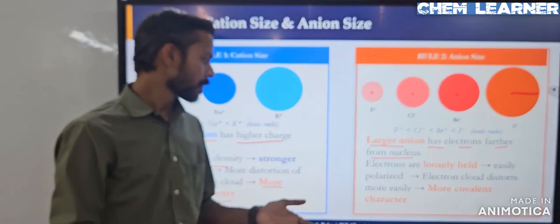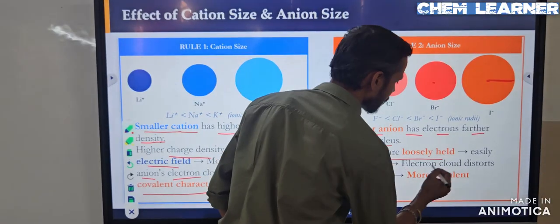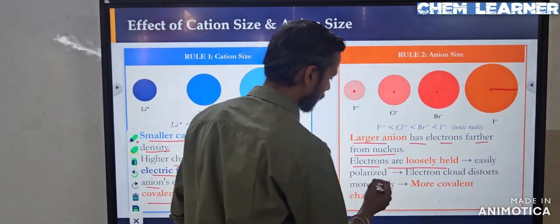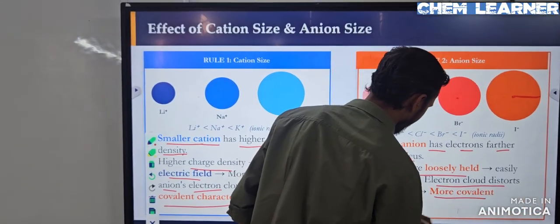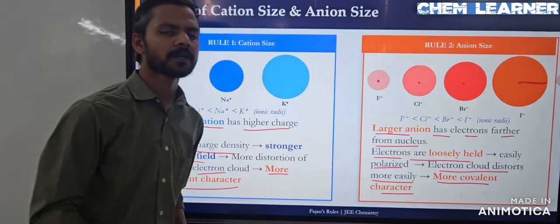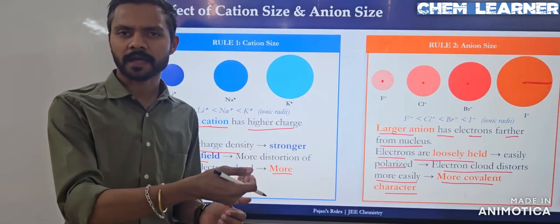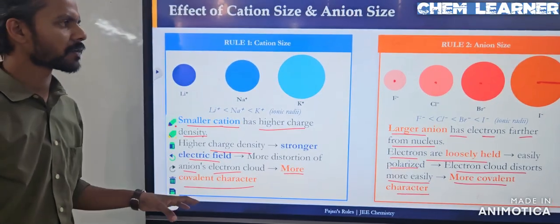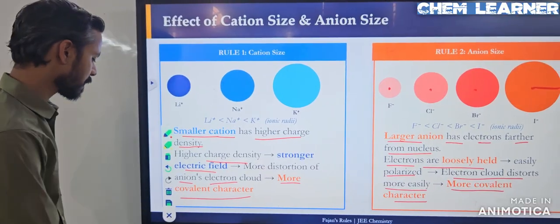The electrons are loosely held, so they are easily polarized and the electron cloud distorts more easily, and there will be more covalent character. So we can simply say that as the size of anion increases, the covalent character will increase. As the size of cation decreases, the covalent character will also increase. Okay. Now moving to the next section.